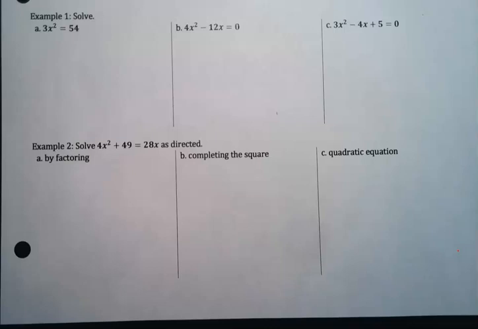If we look at A, we have by factoring, B is completing the square, C is quadratic equation. First up, there's a problem here, right? It's not in its necessary form. So we need to subtract 28x so that we have 4x squared minus 28x plus 49 equals 0.